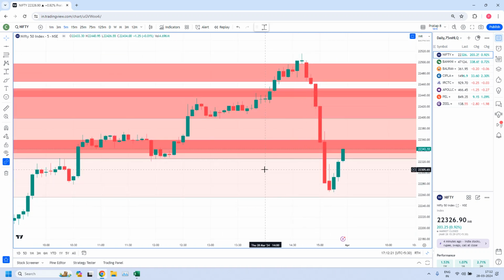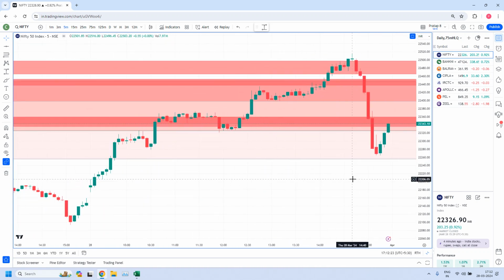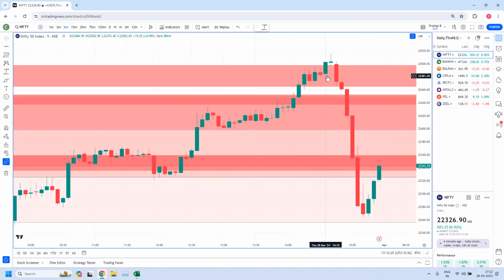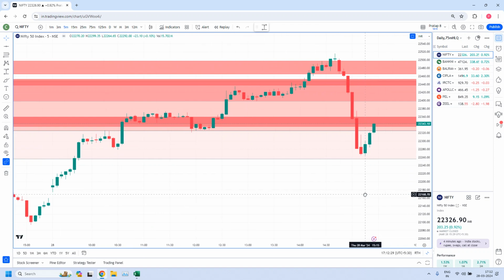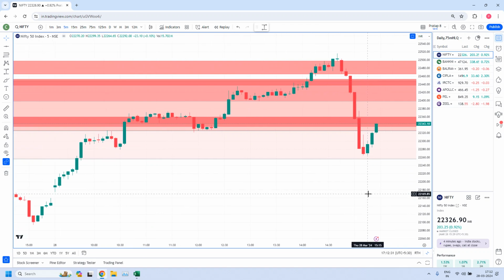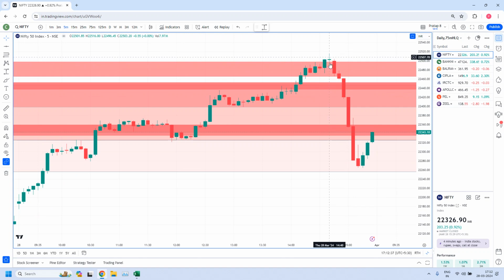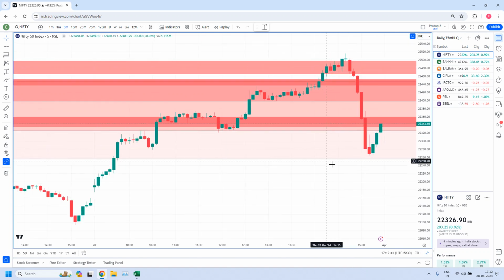So this is what happened in Nifty today. Those who took short orders in this bear trap area would have got a very good profit. I am not considering it for our high liquidity zones. Generally we consider bull and bear traps because this is pierced. So I am not considering this.